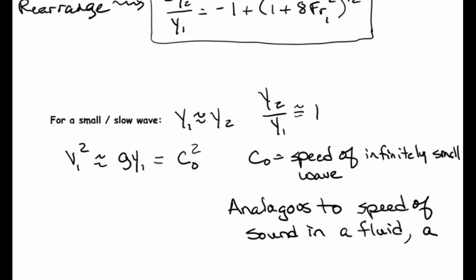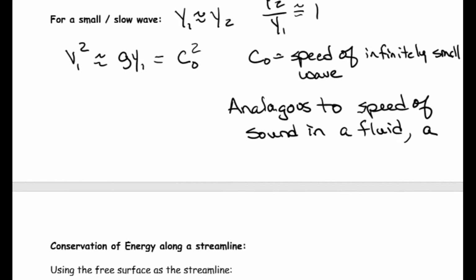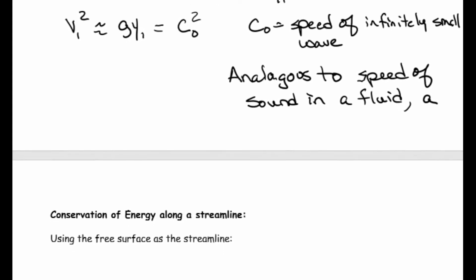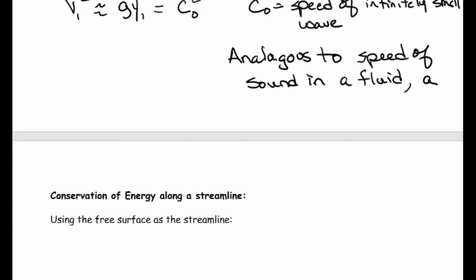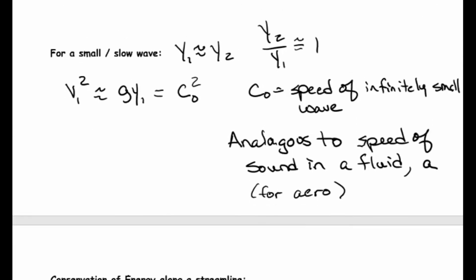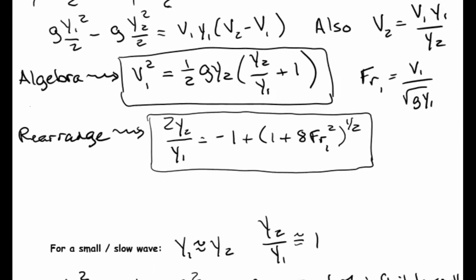So this is the denominator of our Froude number, very similar to the denominator of our Mach number. Let me just write that that is for aerodynamics. All right, so that is our conservation of momentum and a couple of equations that it gives us.